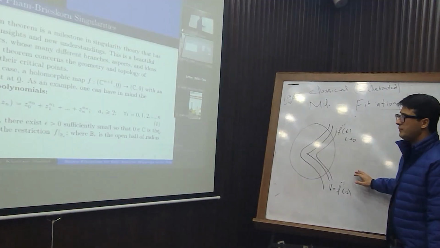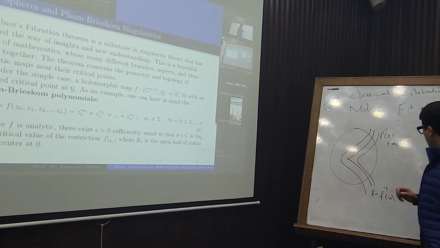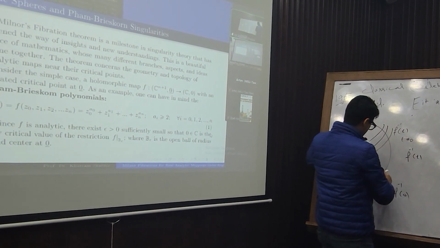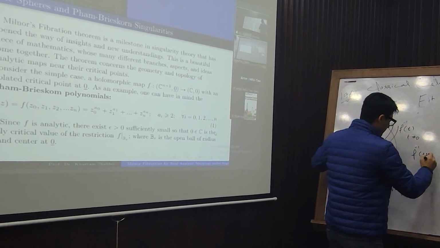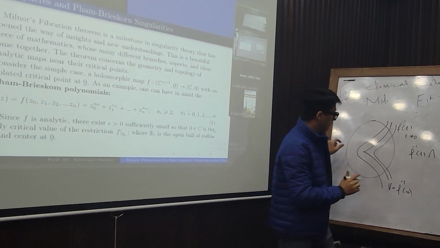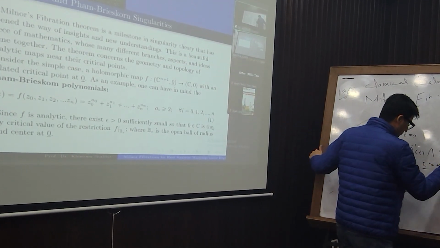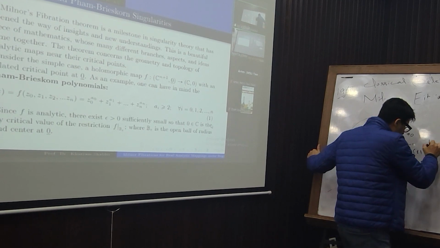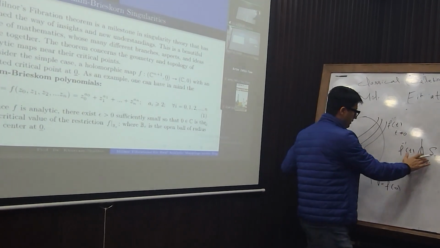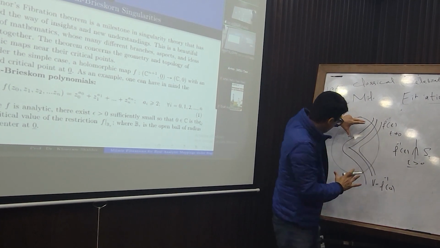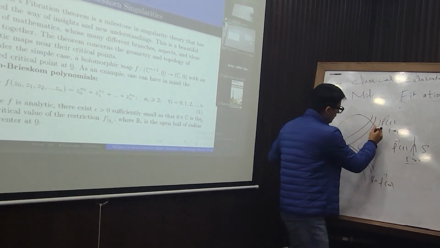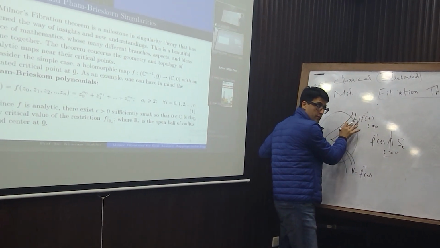So what he does is, if we take an intersection of this fiber with a sphere S_epsilon, where epsilon is a small number, this intersection is transversal. There is a result which tells us that for a sufficiently small sphere, this intersection is always transversal, as you can see here.